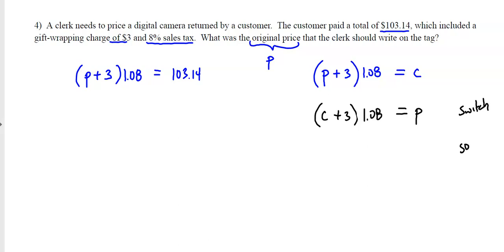And then I could just resolve it. Now this problem didn't tell me to do that. I could have just solved for P over there. But I'm just kind of showing you if you started with a function. So the very first thing I would do is I would divide both sides by 1.08 to solve for C. So I'd divide by 1.08, divide by 1.08. So that's gone.